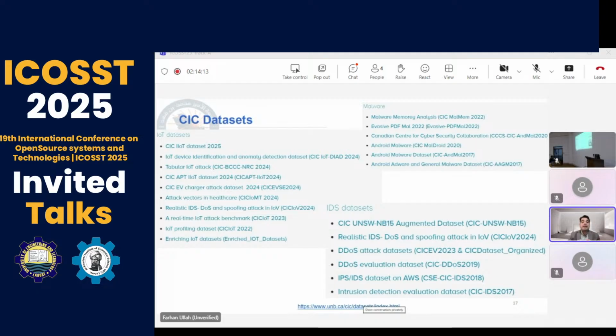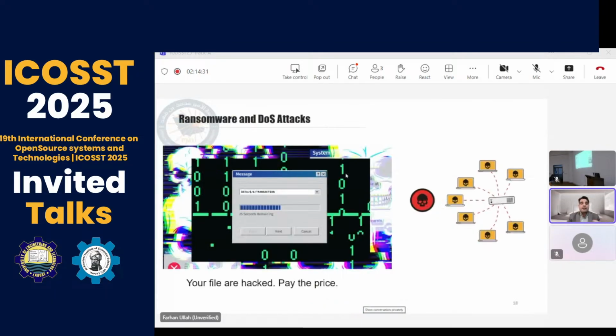It's very easy and free. You don't need to pay. When I was in my PhD, like 5 years ago, it was really difficult to search for a dataset on the internet. Now it's very easy. You can just go to the Canadian site and download any dataset from the repository.